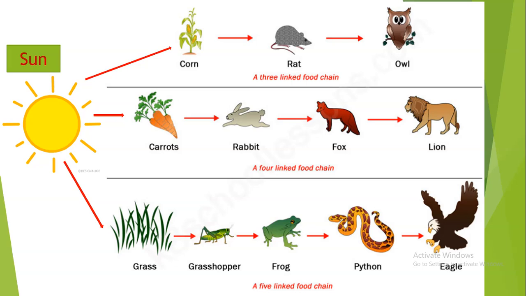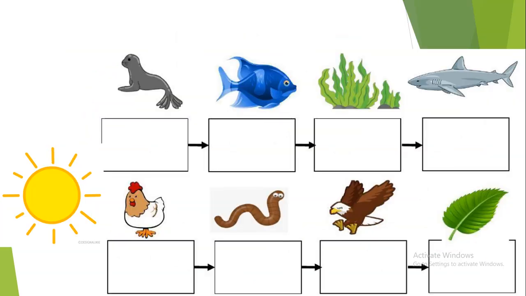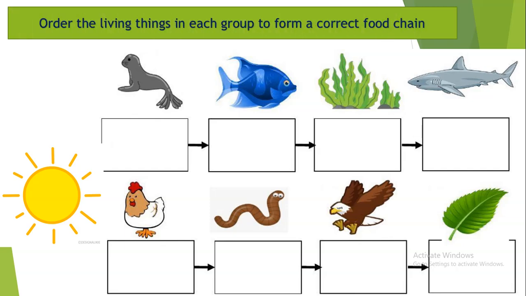Okay? Now, let's take this exercise. Order the living things in each group to form a correct food chain. Let's begin with this group here. We have a seal, a fish, algae, and a shark. The sun is already there, so I'm gonna put the plant, right?